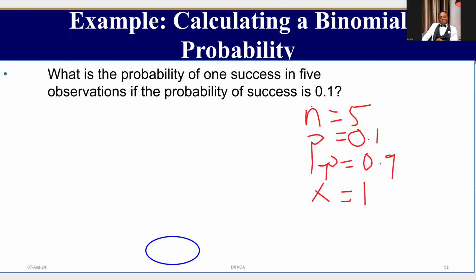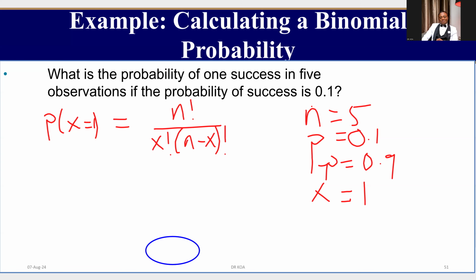Who's done? You remember the formula? It is going to be P of X equal to 1, equals, then you write the actual formula, which is N factorial divided by X factorial into bracket N minus X, all factorial.